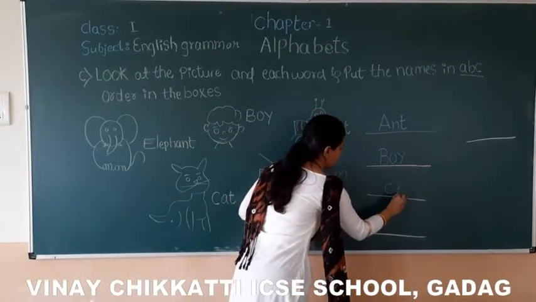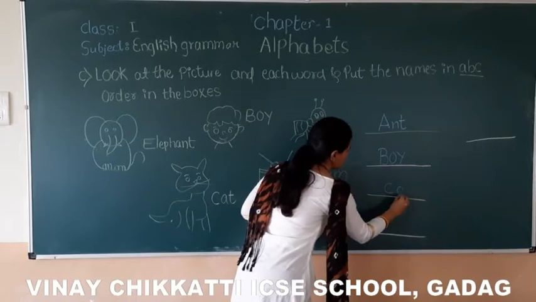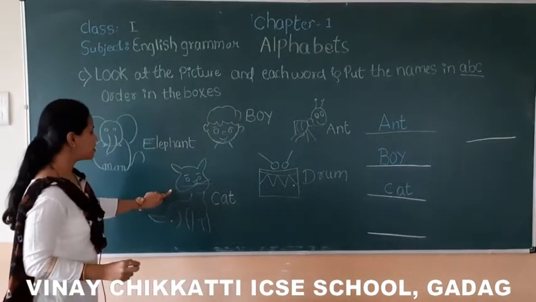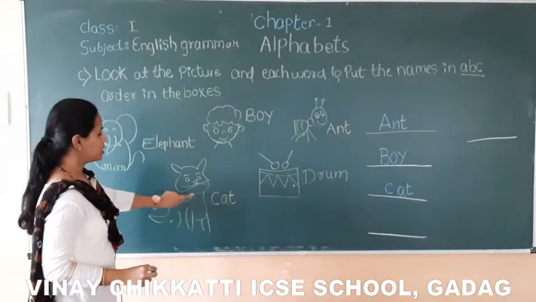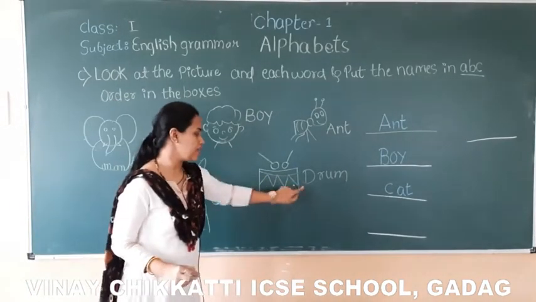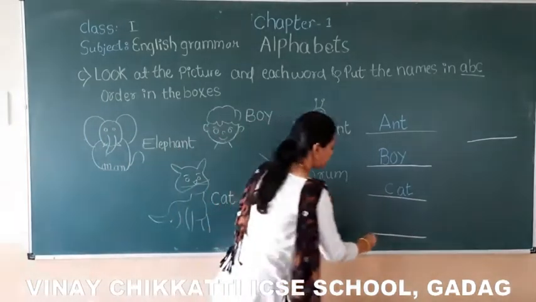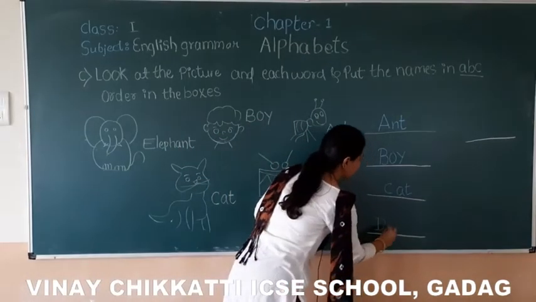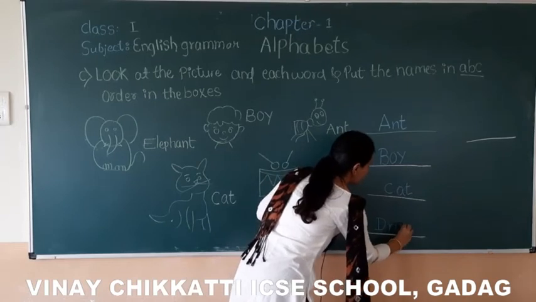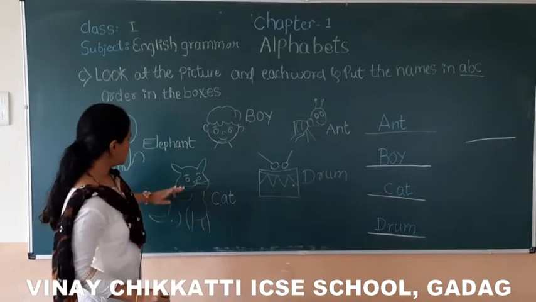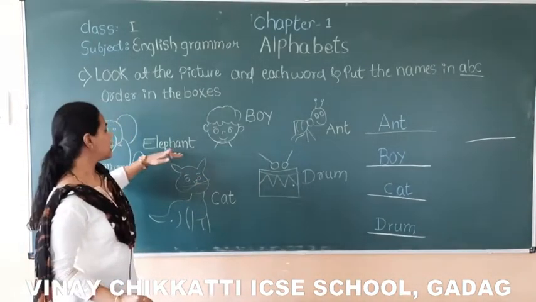C, A, T. Cat. After C, what will come? D, right? D for drum. D, R, U, M. Drum. So, after D, E.